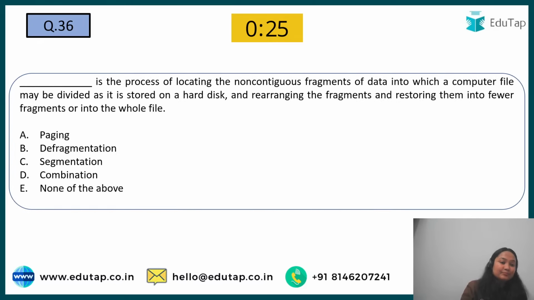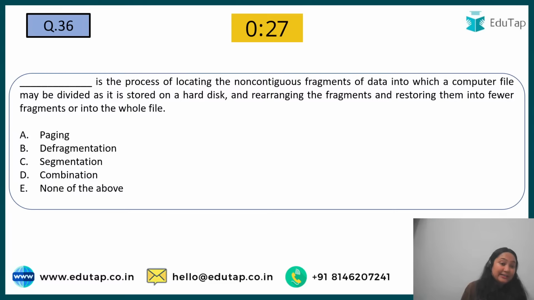Okay. Dash is the process of locating the non-contiguous fragments of data into which the computer file may be divided as it is stored on the hard disk, and rearranging the fragments and restoring them to fewer fragments or the whole file. So basically we are trying to remove the file fragments that are there to improve the efficiency of the computer.